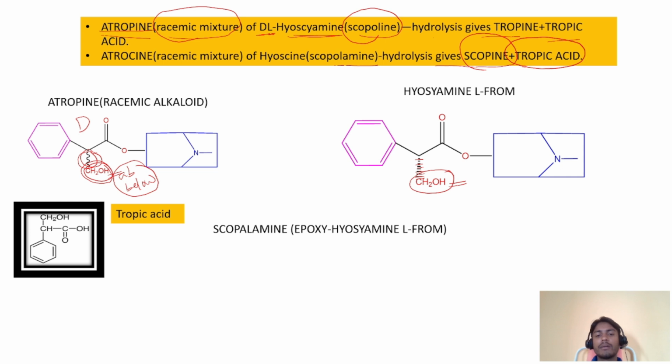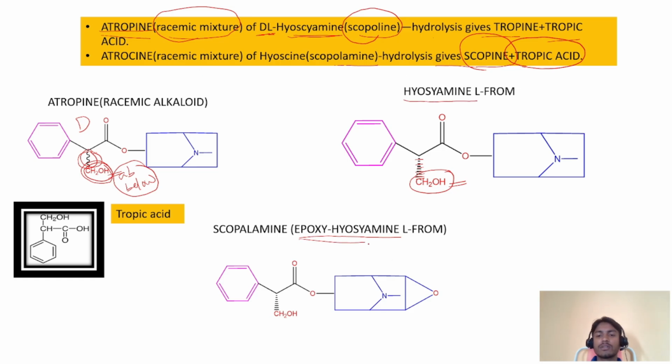Next, scopolamine, which is also an L form. What is the difference between hyoscyamine and scopolamine? There is a presence of an epoxy group in scopolamine, but here in hyoscyamine there is no epoxy group. So that is the major difference.